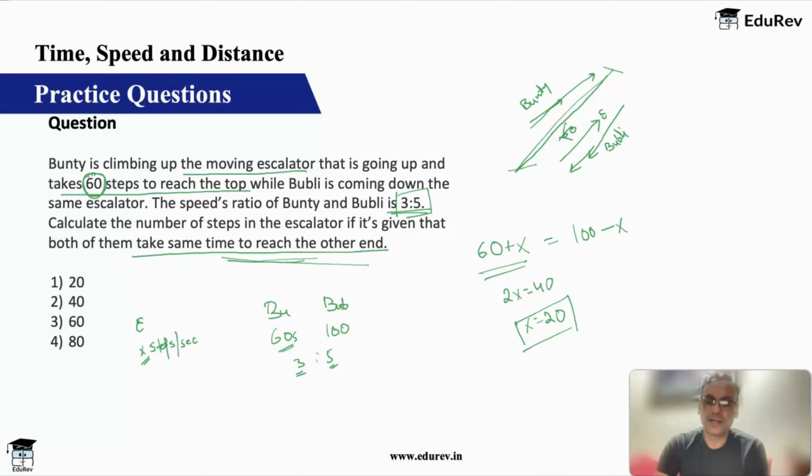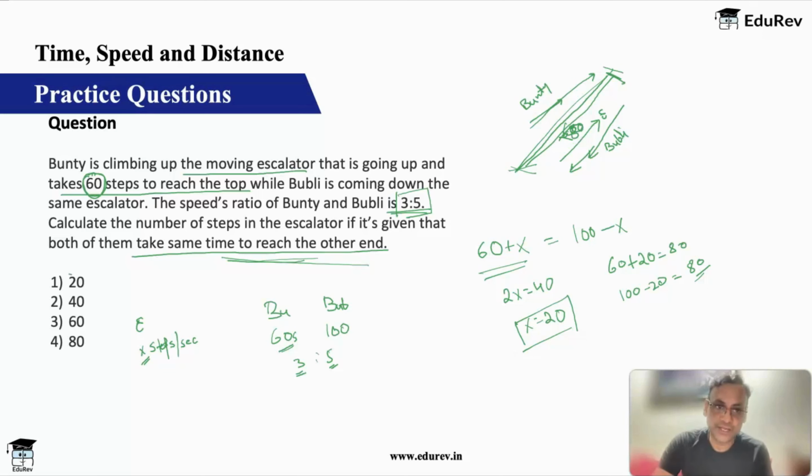So basically total that he has moved is 80 steps. Bubbly has moved 100, but in that 20 got subtracted because the escalator was moving up. So he or she also covered 80. So the net distance is 80 steps in the escalator. There are 80 steps in the escalator.